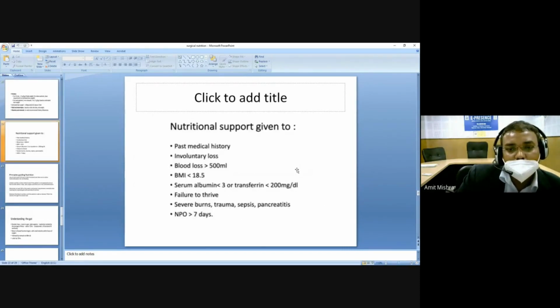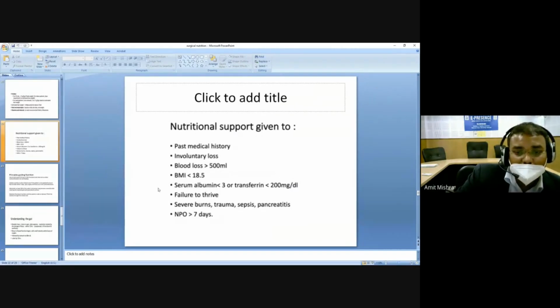So nutritional support is basically given to patients who have a past medical history of any major surgical procedure or medical illness, or involuntary weight loss. If the blood loss is more than 500 ml, BMI is less than 18.5, serum albumin is less than 3, or transferrin is less than 200 mg per day.